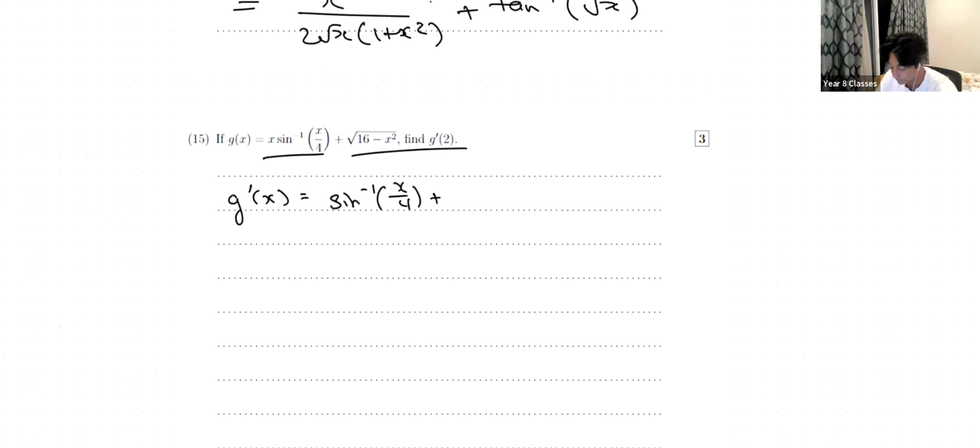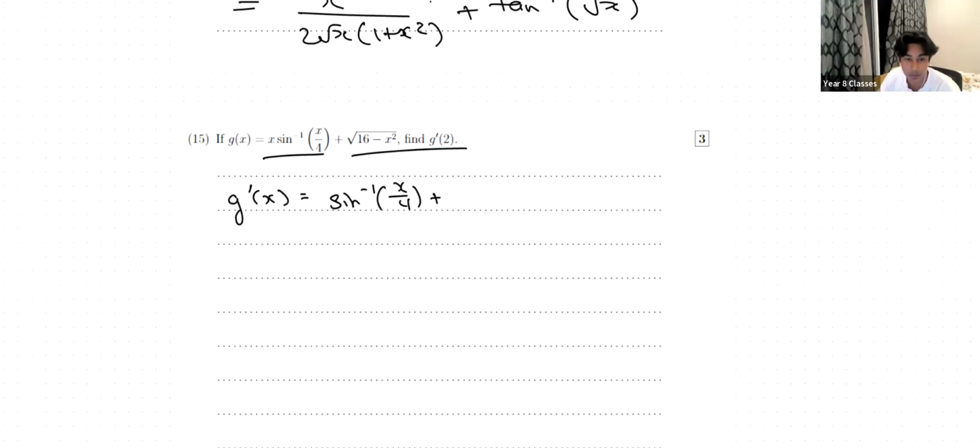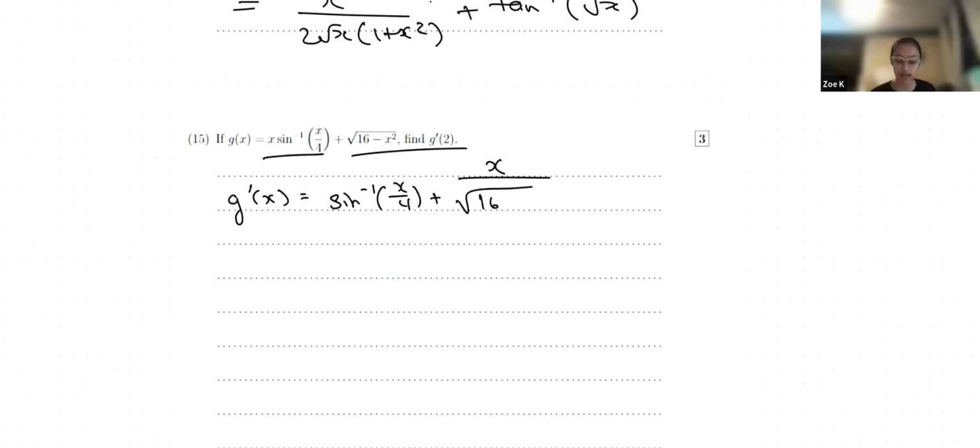Oh, sorry, repeat that again. X over root 1 minus x squared over 16. I would write it like so, but yeah, same thing. And then the next part is you can use chain rule.